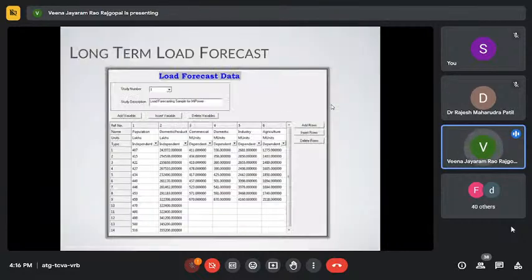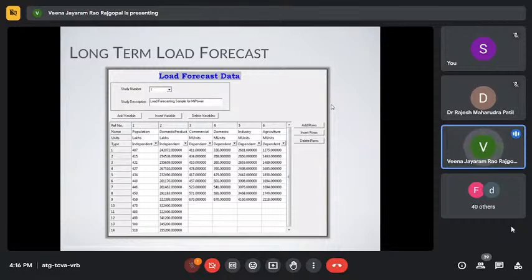So next is the forecasting. Depending on the historical data, we have different methods for forecasting. You get in the graph and also in your visualization the forecasted values and the actual values, whatever is available. There is nothing much power system in this. It is basically a statistical analysis based on the historical data and the various methods of forecasting. The values will be forecasted.